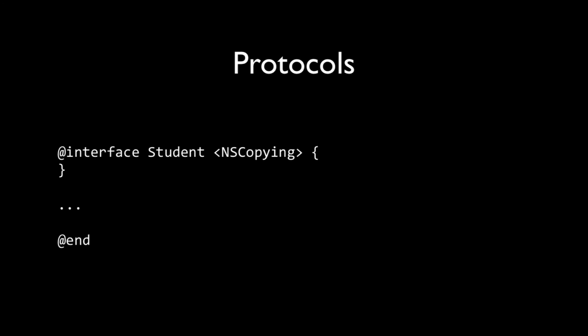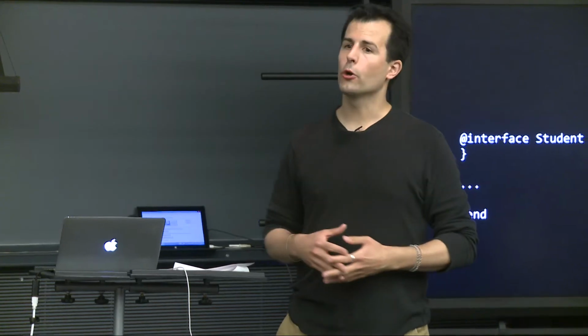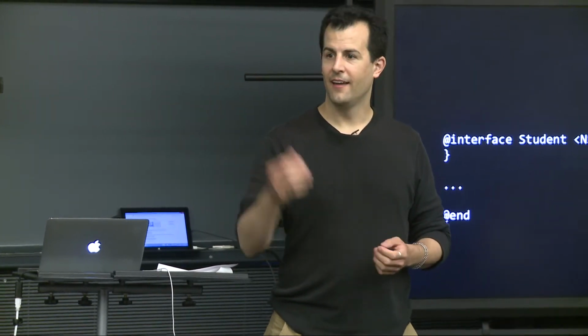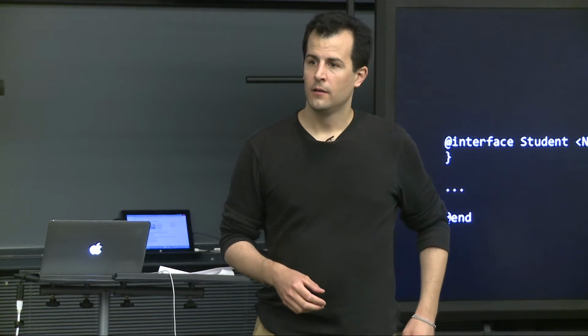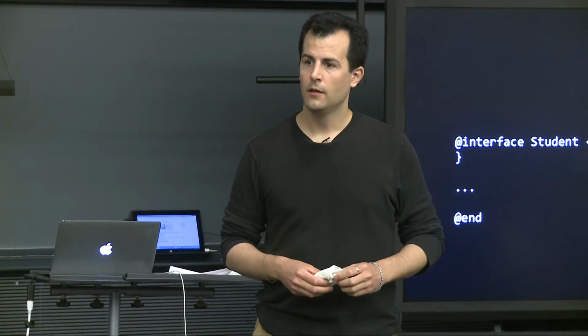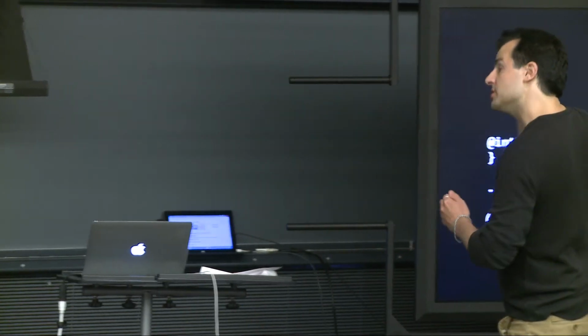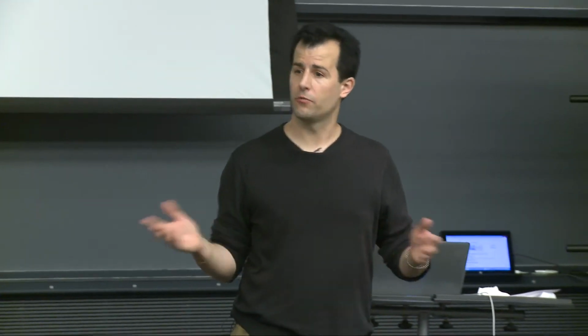And lastly, protocols. This is a more complex manifestation of this than we'll see later today, but a protocol lets us do what in Objective-C? Yeah? Define a set of methods that should be implemented by the class that implements the protocol. Exactly. It allows us to define a set of methods that should be implemented by some class that adheres to that protocol. So if you're familiar with Java, it's effectively an interface, and other languages have the same conventions.